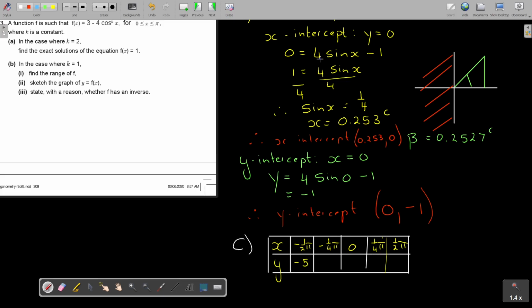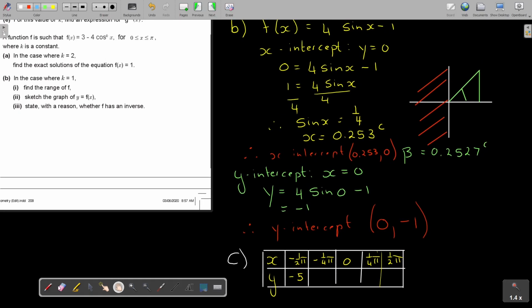Remember, every time I'm just substituting in here. So now I'm going to say 4 multiply sin and bracket negative 0.25 because that's a quarter, multiply shift pi, close the bracket, equals minus that 1, and that's negative 3, make it 1 decimal place.